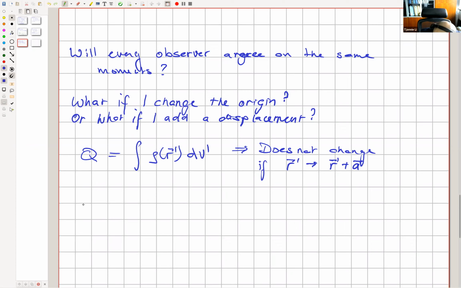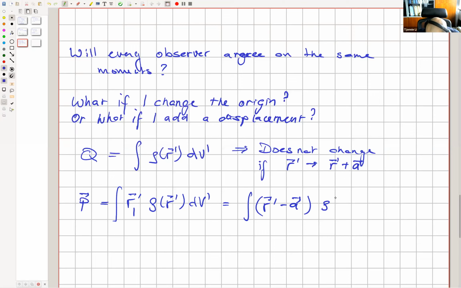But what happens with p? Now p here is given by the integral of r prime rho r prime dv prime. But this here now is shifted with respect to some a.